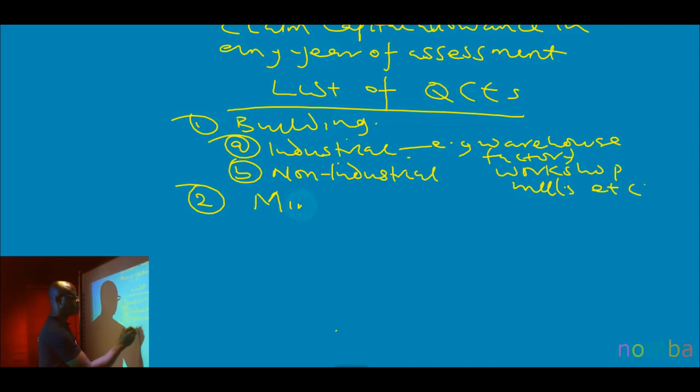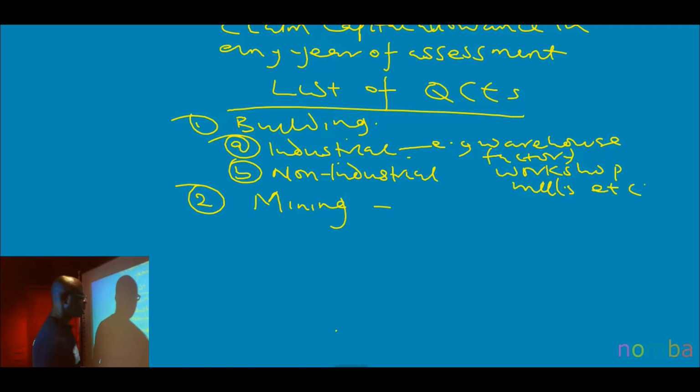Two. The second type of QCE now is mining. So what has mining got to do here? These are expenditures in connection with mines, oil wells, quarry, and other mineral deposits of a wasting or exhaustive nature.